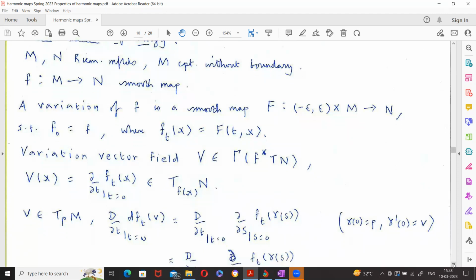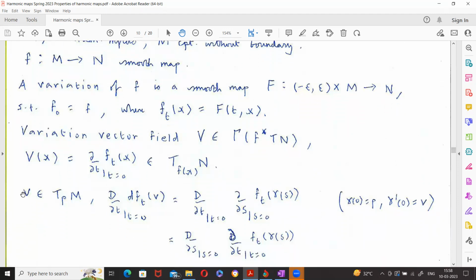Now, if I take a vector v in T_pM, and look at df_t of v, this gives me a vector field along the curve f_t(p), an element of the tangent space at f_t(p). So f_t(p) is a curve in N as t varies.